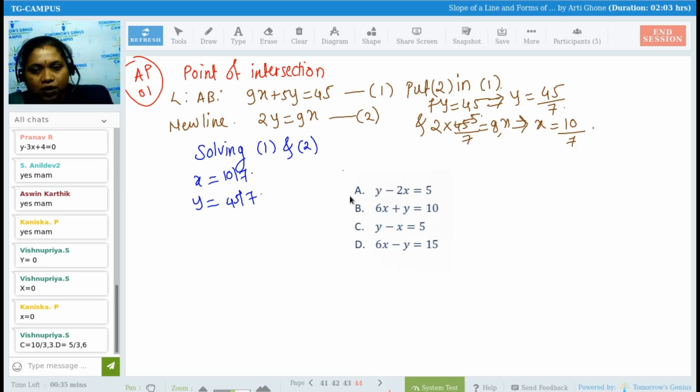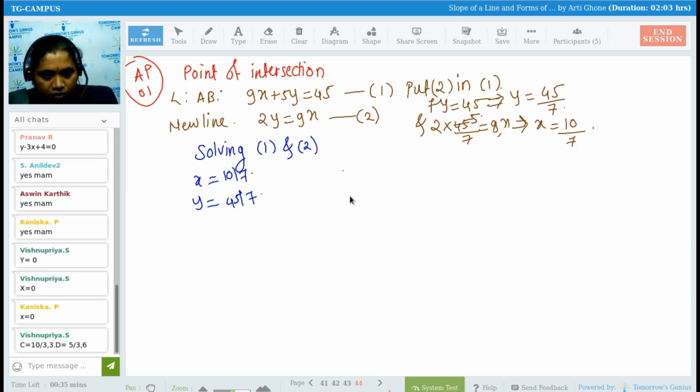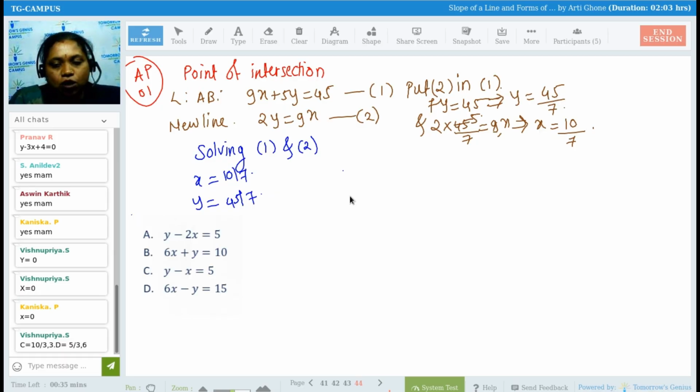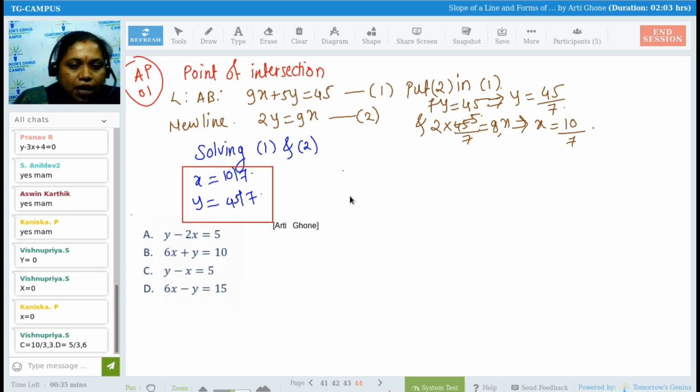See, check the options. We don't have points in the options. Clear? Everyone got x and y? After solving, x is equal to 10 by 7 and y is equal to 45 by 7. Now what we have to do? New lines are given and we have to check whether that point lies on these lines A, B, C or D. Clear?